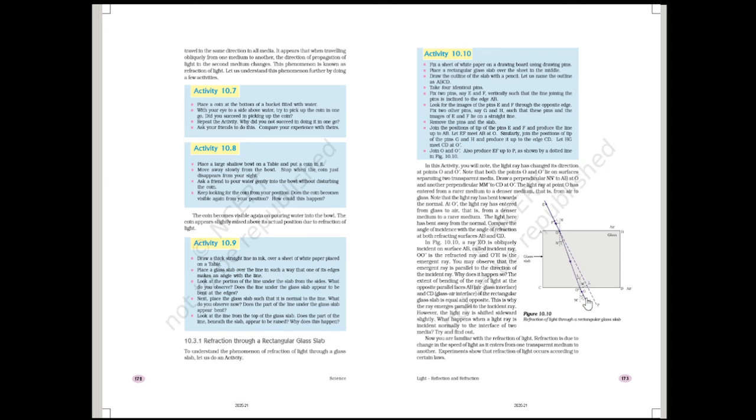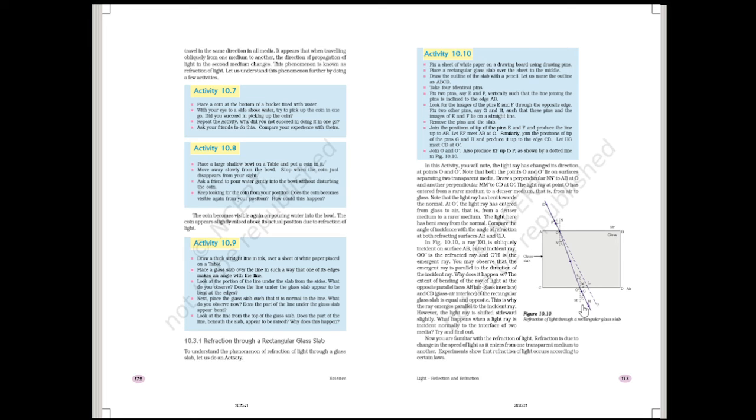Now in this, the angle of incidence is i, the angle of refraction is r, and the angle of emergence is e. This example shows that angle i is equal to angle e.